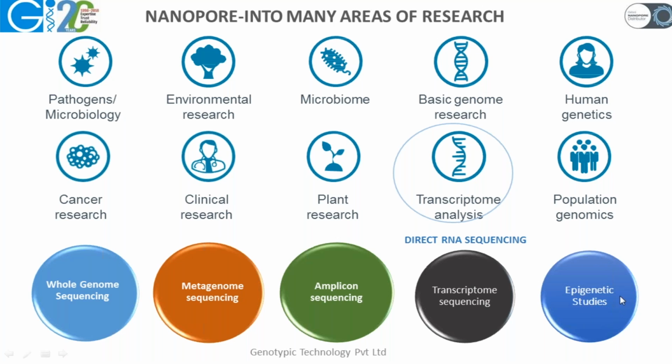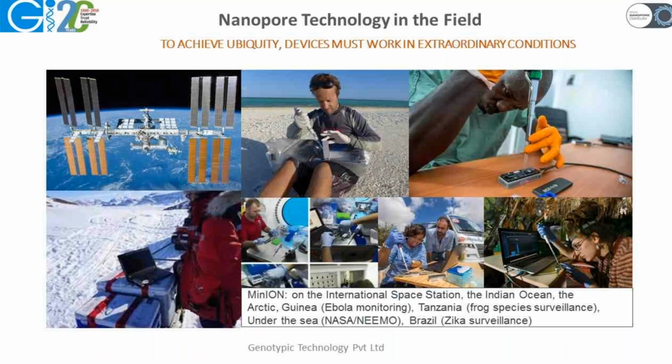Similarly, epigenetic studies like methylation studies and base modifications in DNA can be extracted from the data you have generated from whole genome sequencing. So this is the advantage of using such a small instrument. You can do a wide variety of applications.